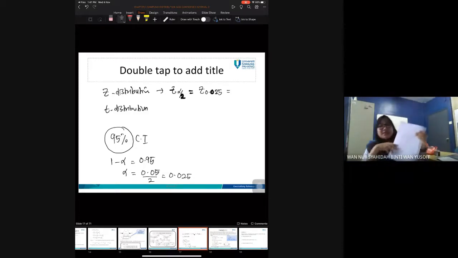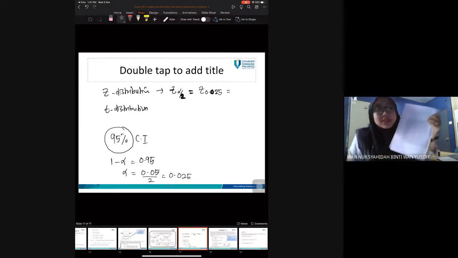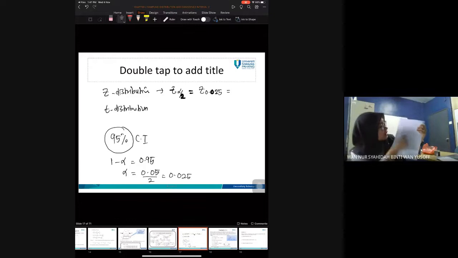Different versions might be one or two pages different. So page 36 here, table 4. It doesn't matter what version you have, for the Z distribution it's always table 4, because Z is a normal distribution.